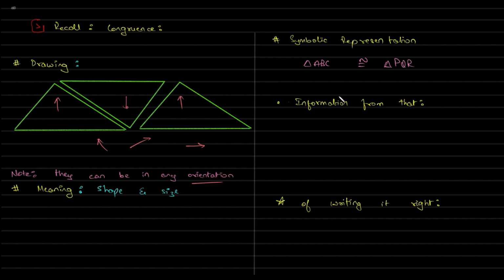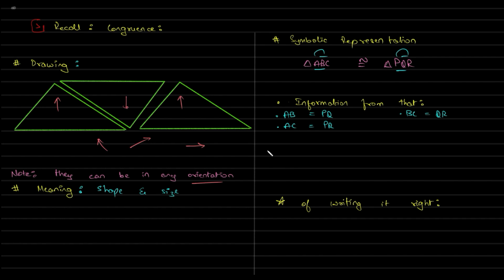So what information can you derive if you see something like this? We can tell that length AB is equal to PQ, BC is equal to QR, and AC is equal to PR.